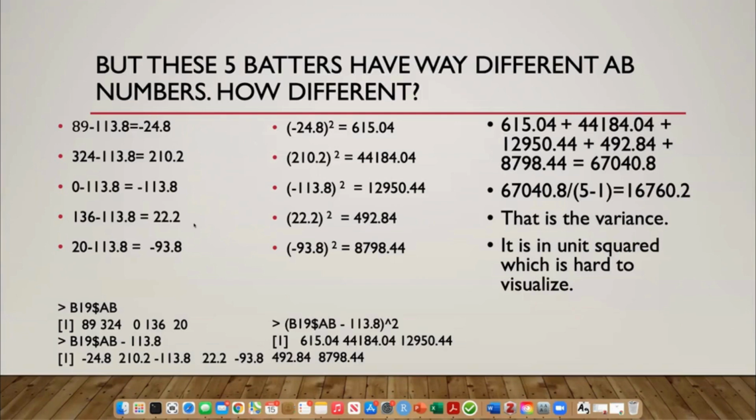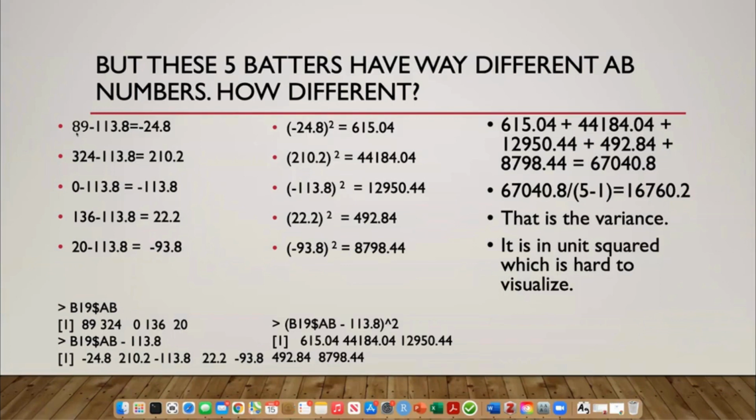And the way we do that, and you can see the formula in the book, but I'm going to walk you through the process, is you have the mean there. See the 113.8, that's the mean. We're going to subtract the mean from the observation, and then we're going to square it.